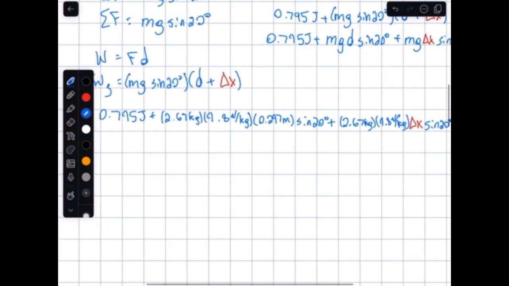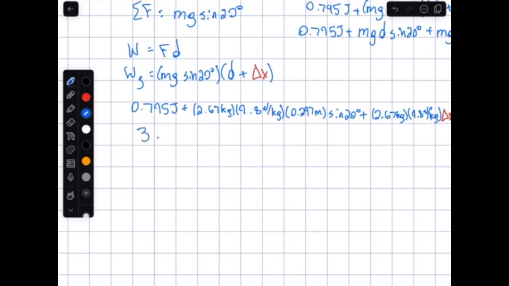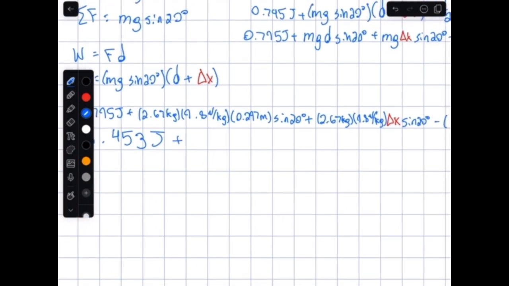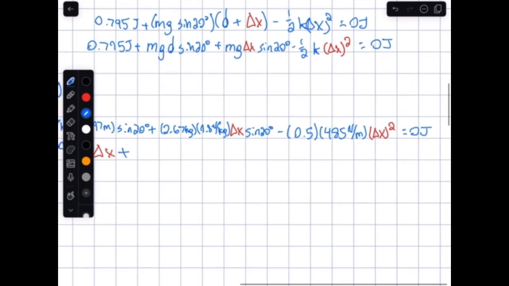So we have 3.453 joules plus 2.67 times 9.8 and then times sine of 20 degrees, 8.949 delta x, minus 485 times 0.5, which is 242.5 delta x squared equals 0.